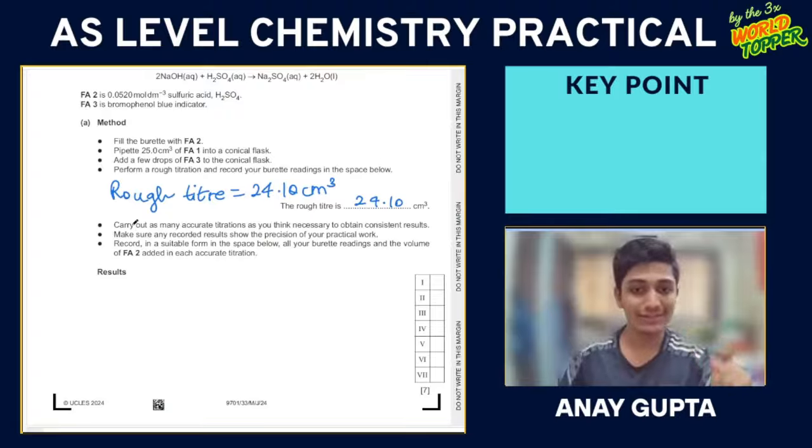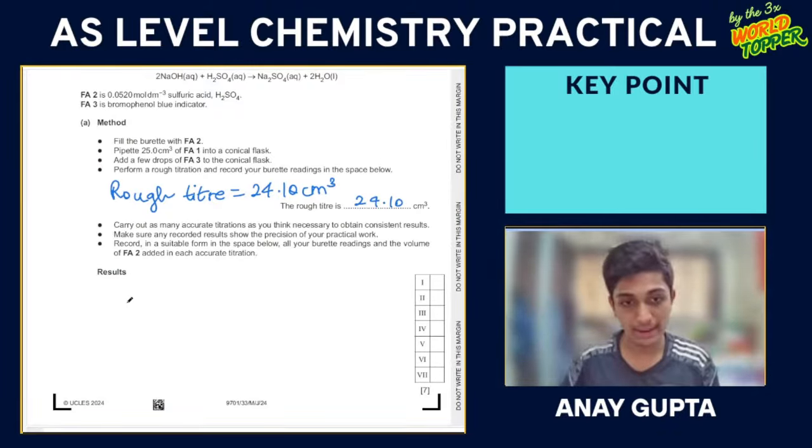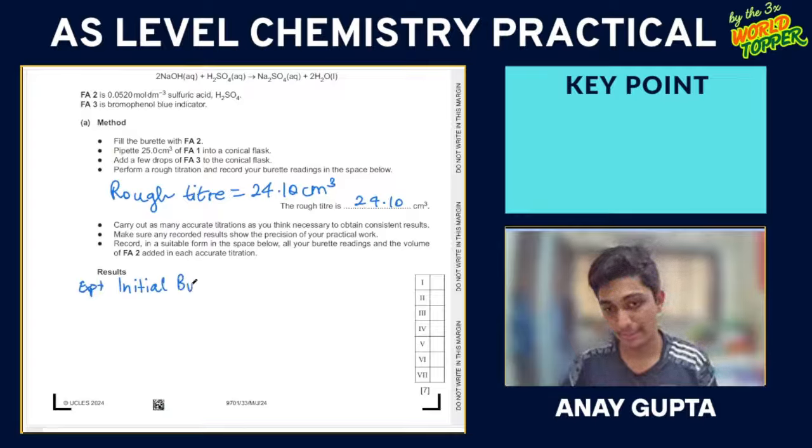Okay, so what table do we need to form? First we will say experiment number, then initial burette reading. Okay, these headings are very crucial, and we give the unit. So our unit is centimeter cube.